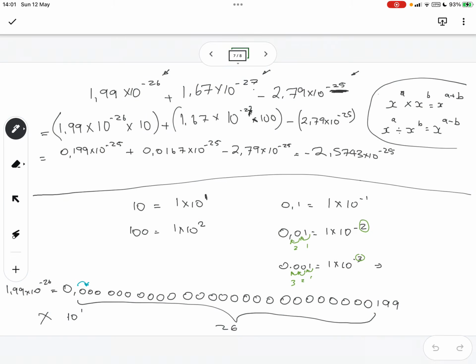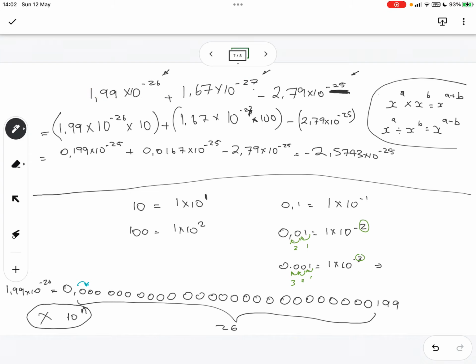So to add the negative exponent, you can simply multiply by 10 to the 1 or 10 to the n, depending on how many zeros you need to go down by. So for 25, we need to go by 1 zero. For 26 to go to 25, and for 27 to go to 25, we need to go by 2 zeros. So we multiply by 10 to the negative 2, 10 to the 2, 10 to the 1.